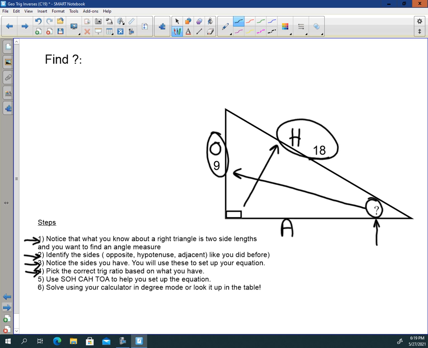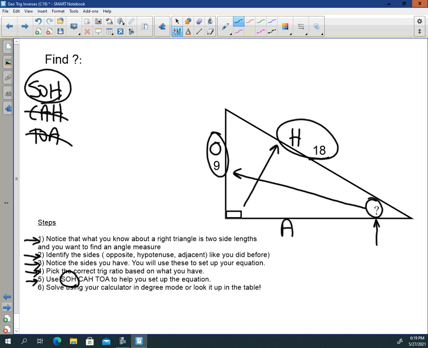Remember, there are three, and we can remember them by remembering SO, CA, TOA. We have the O, and we also have the H, and the sine ratio is the one that gives us information on that, and so these two are not handy.